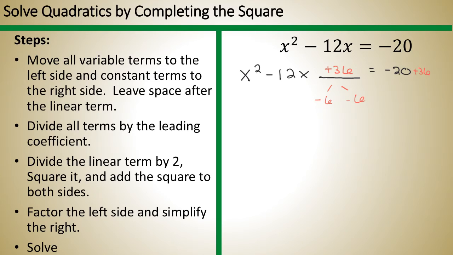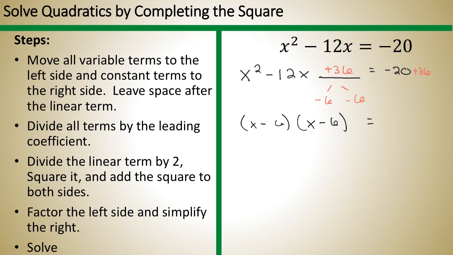Now we're going to factor this left side. Okay, and we are looking for factors of 36 that add to make negative 12. So my factors are x minus 6 and x minus 6. So I'm going to rewrite that. So we've got x minus 6 and x minus 6.